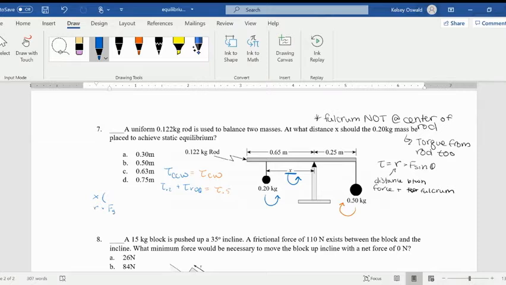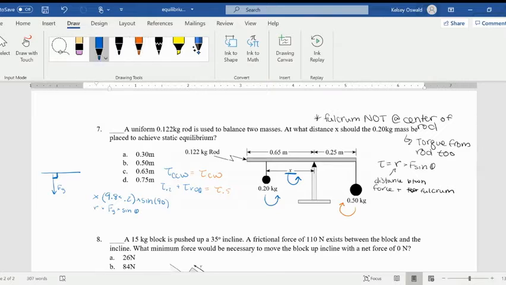To find the force of gravity, we do 9.8 times our mass, which in this case is 0.2. Since force of gravity points straight down, it makes a 90-degree angle with our board. So we multiply our force by the sine of 90, which is just 1, so if you want, you can leave that out.